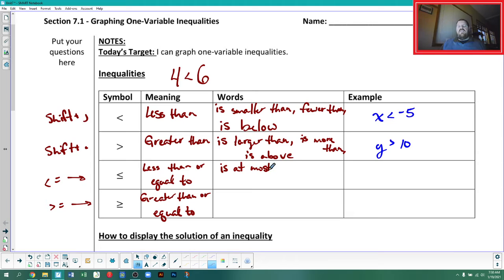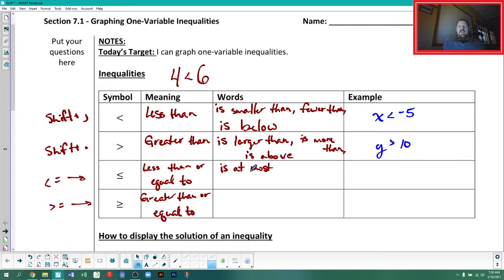And that's a very common, kind of tough one to work with, because "most" usually means something greater, but when you're saying "is at most," that actually means less than or equal to. It means it can be that number that you're talking about or anything smaller.